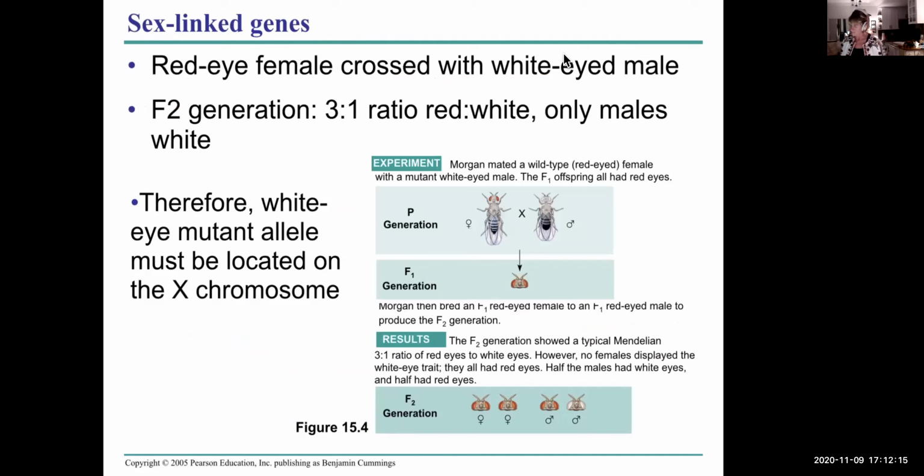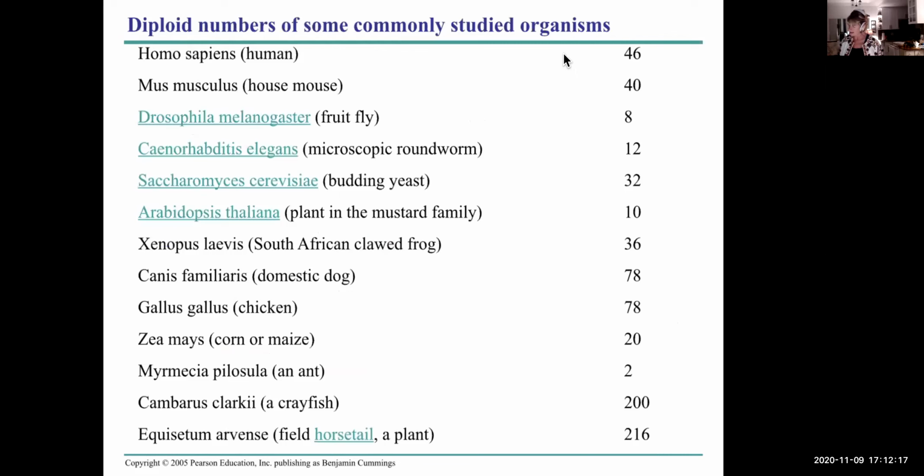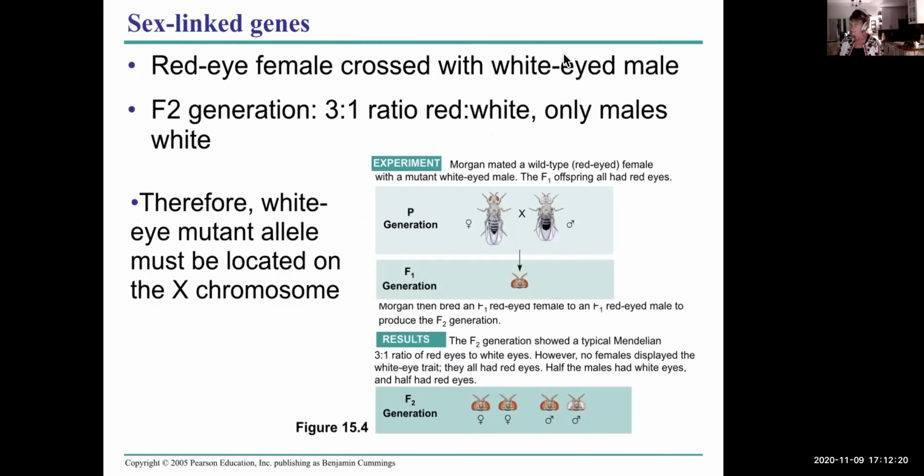So we did a cross. We crossed a red-eyed female with a white-eyed male. What you would expect in the F2 generation is a 3-to-1 ratio of red to white. That's quite normal because the dominant allele will show even in the heterozygous individuals. But in this case, it didn't happen.